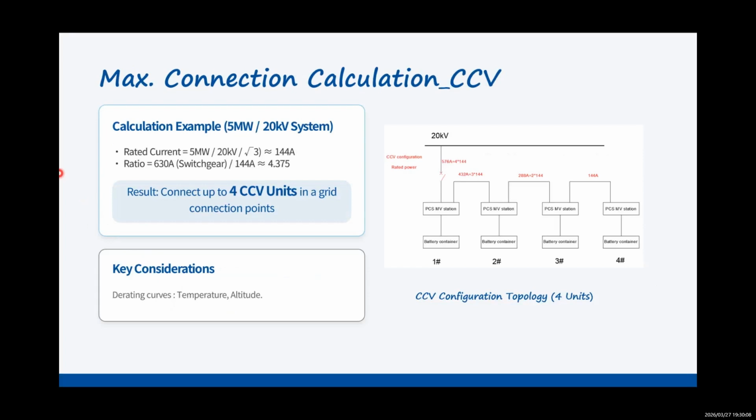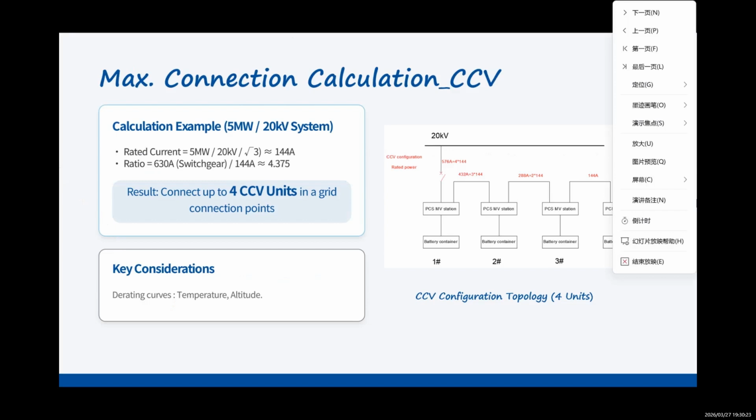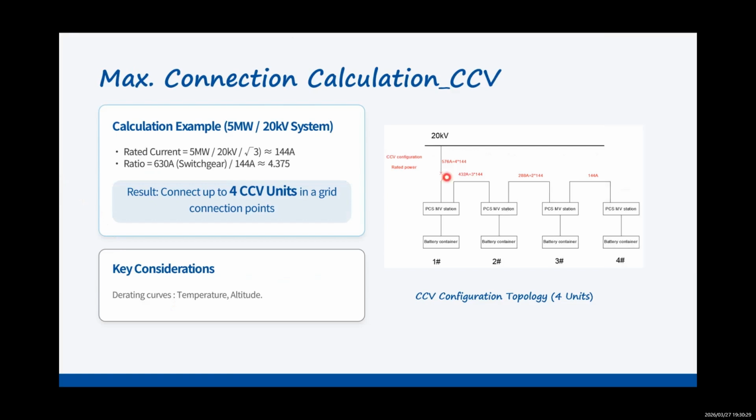Next question: how many CCV can be connected in a grid connection point? So let's calculate the maximum current, considering the derating curve of temperature and altitude.